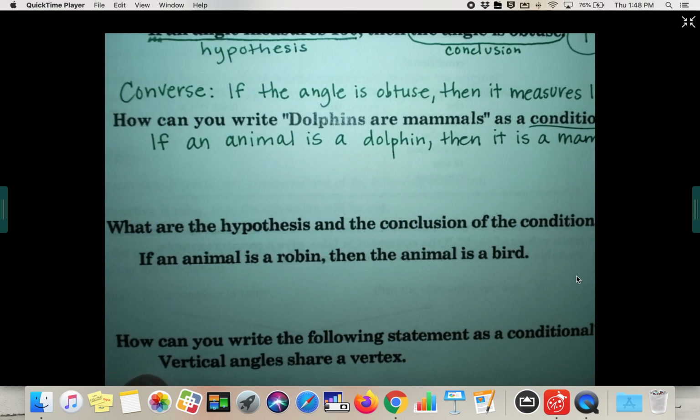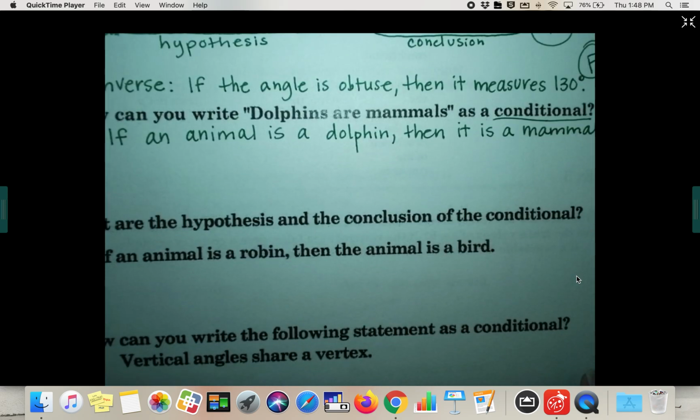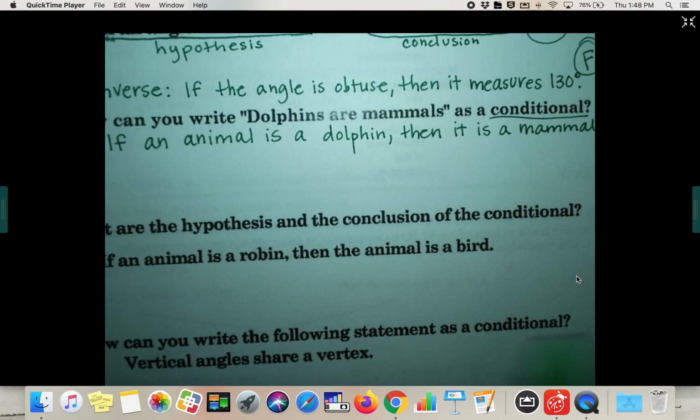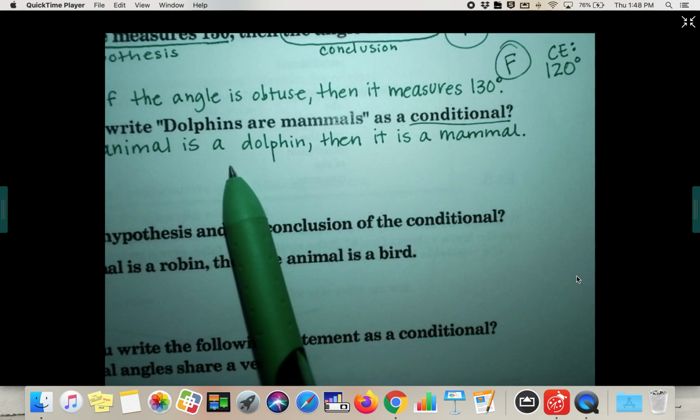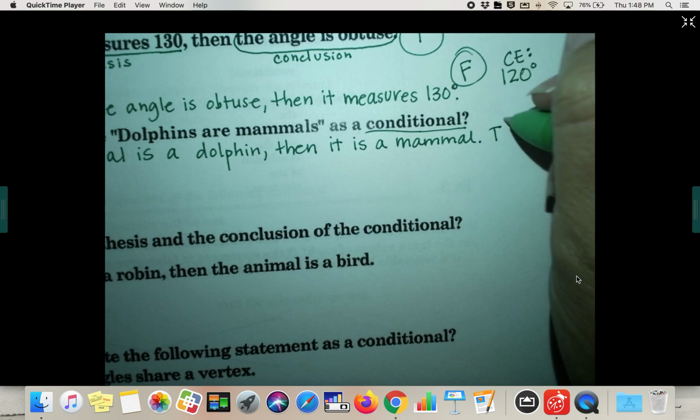Let's think about whether that is true or false. If an animal is a dolphin, then it is a mammal. A dolphin is a mammal, so this would be true.